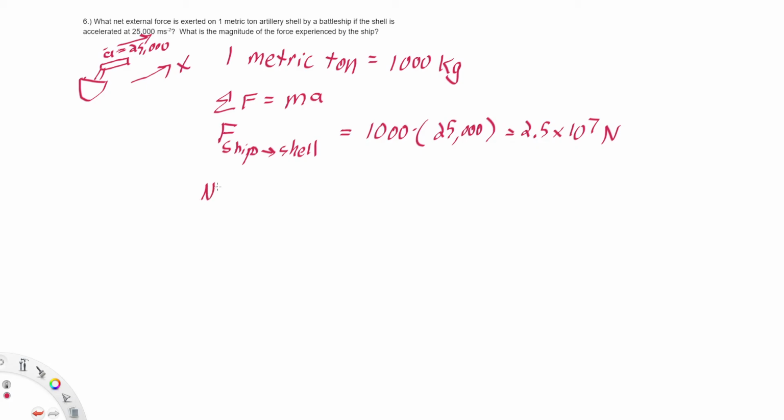And then by Newton's third law, the force of the ship to the shell is going to be equal and opposite the force from the shell to the ship.